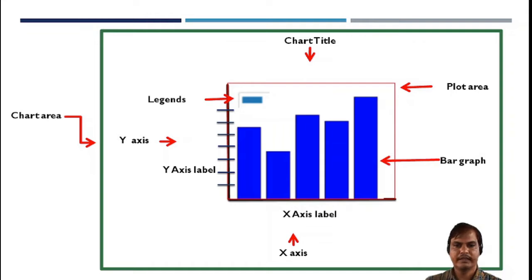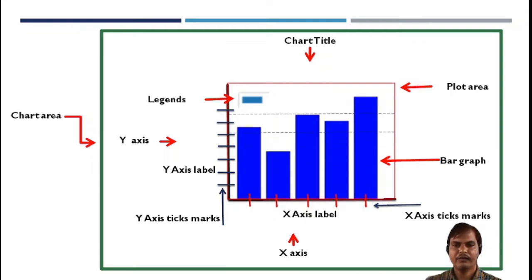You can see the y-axis and x-axis have tick marks, they are called axis tick marks. Apart from that, if the bar chart is generated using grid lines, these lines are everywhere. Once you give a line, it will come everywhere. So these are all called grid lines.